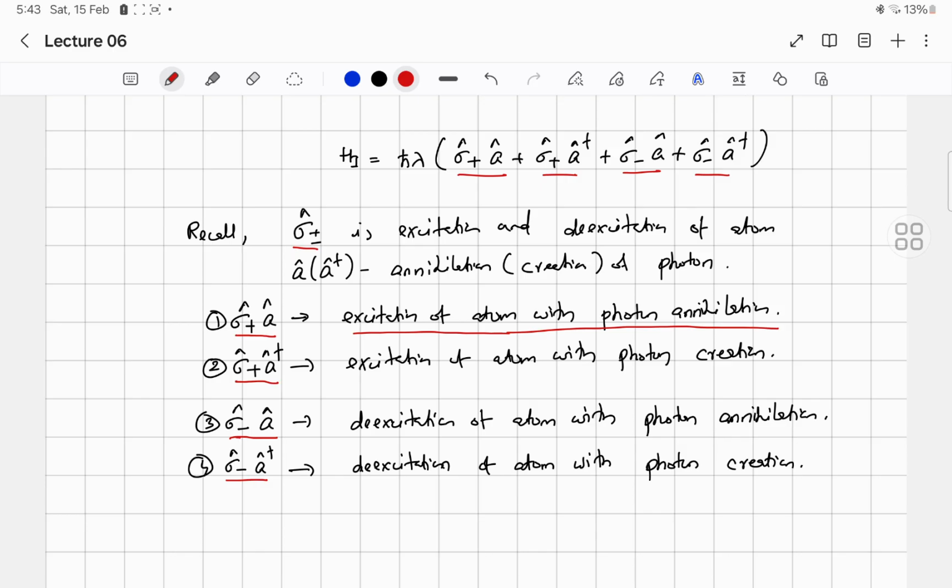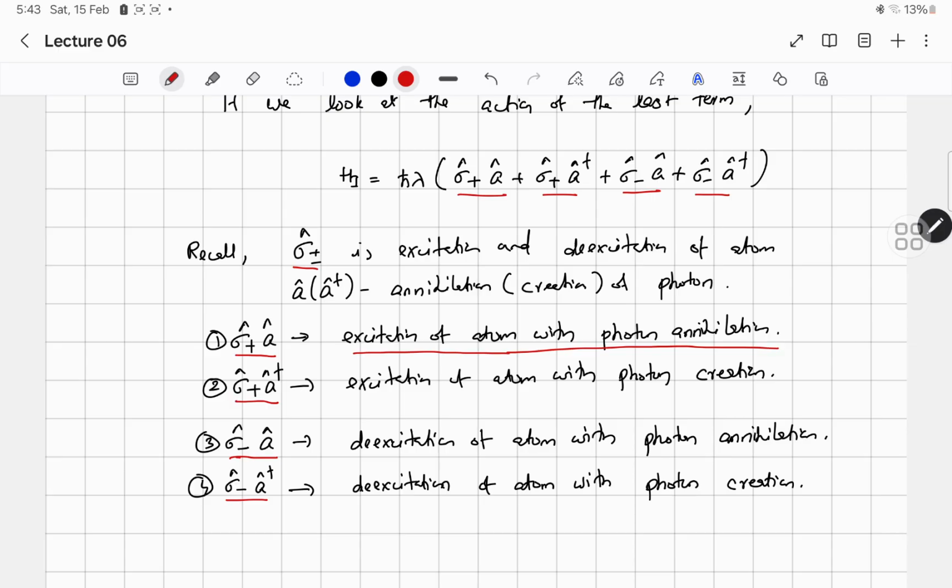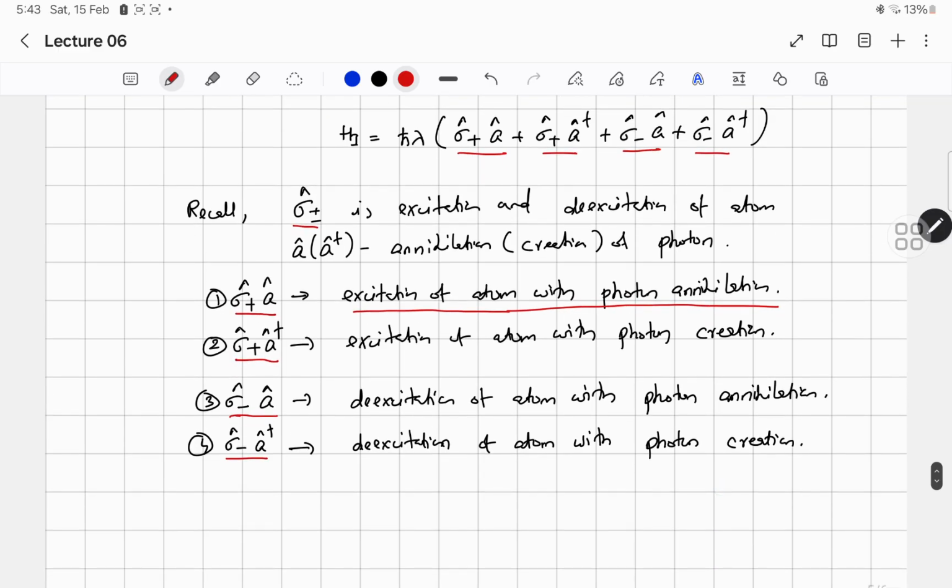Okay, now if you look at these four processes, some of them are not going to conserve energy. Which of these processes are not going to conserve energy? Just think about it. Suppose there is no external force or external energy on the system. You have a two-level atom, so the atom can be either in the ground state or in the excited state, and you have some field confined in a cavity.